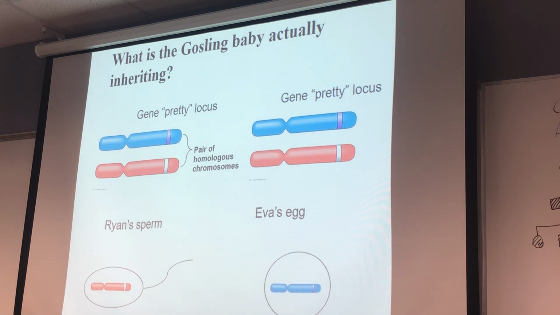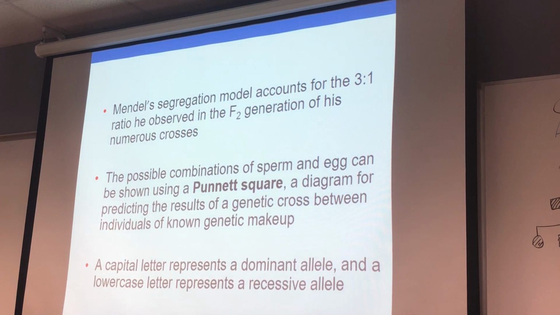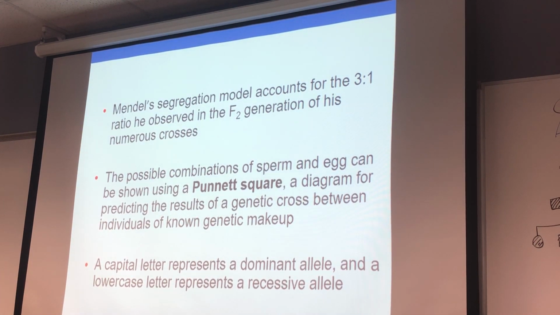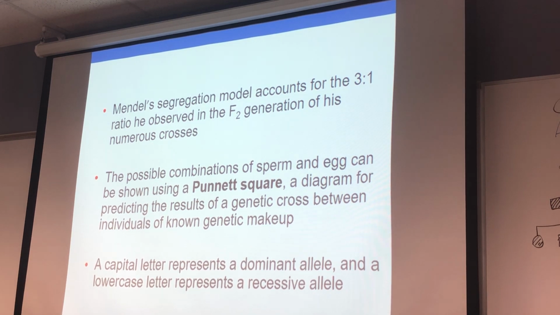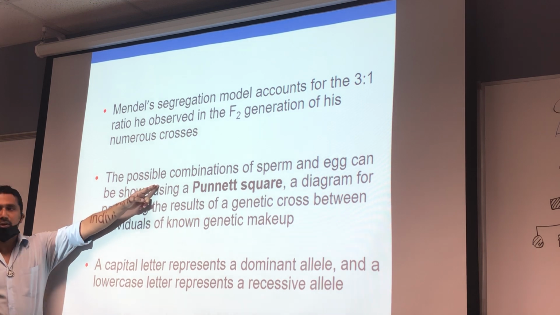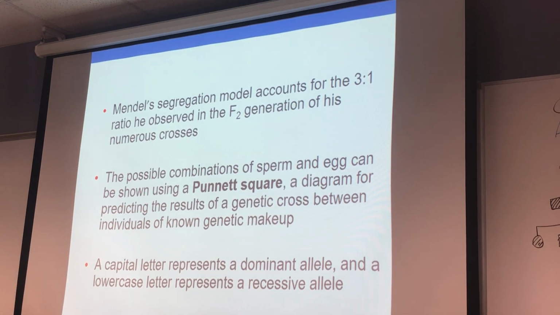All right. So here you have the explanation of this 3-to-1 ratio that he observed in the F2 generation. He used a Punnett square to allow for the possible combinations of the egg and the sperm, to see the possible genotypes.